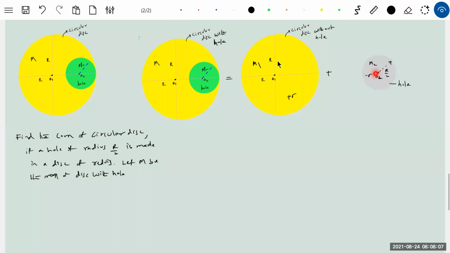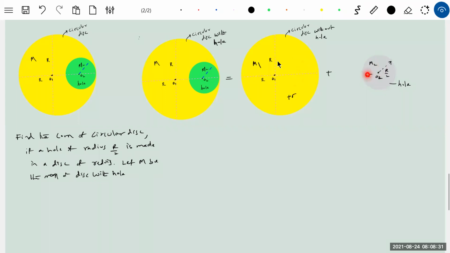Now when you bring this negative density and keep it here, positive density and negative density will cancel out. What do we get? We get a hole. Hole means nothing is there. Just take paper, make a hole. Then how can I assume that hole? Like a disk without hole, then a disk. So what is this? A disk with a negative density. Positive density, negative density will cancel out, we will get a hole.